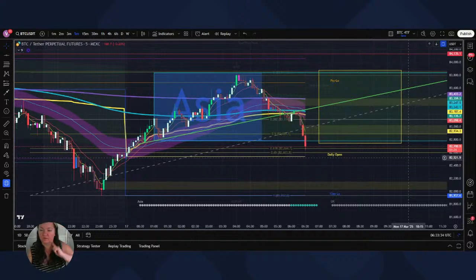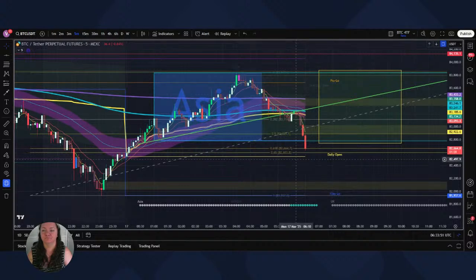Okay. So this area here is 618.65, the golden pocket. So generally you hit this area, and if we get a bounce, that is a very strong support. So that's why we're finding a bit of support here.